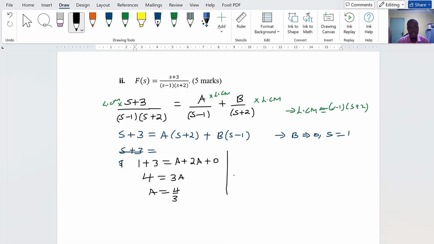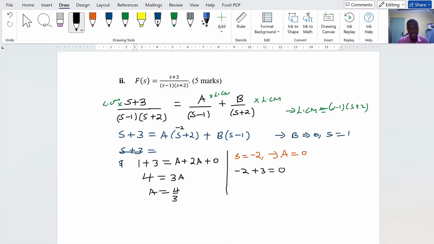Now to solve for b in the same equation, you make a 0. Making a 0 means s is equal to negative 2, and by doing that, the a part will be equal to 0. So we have negative 2 plus 3 equals a times negative 2 minus 1, so that is 0.